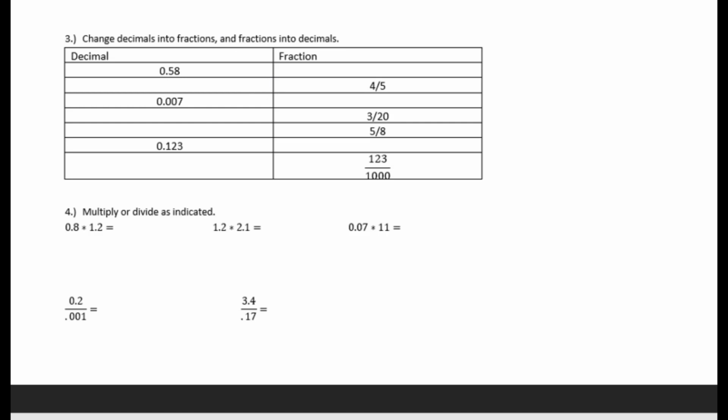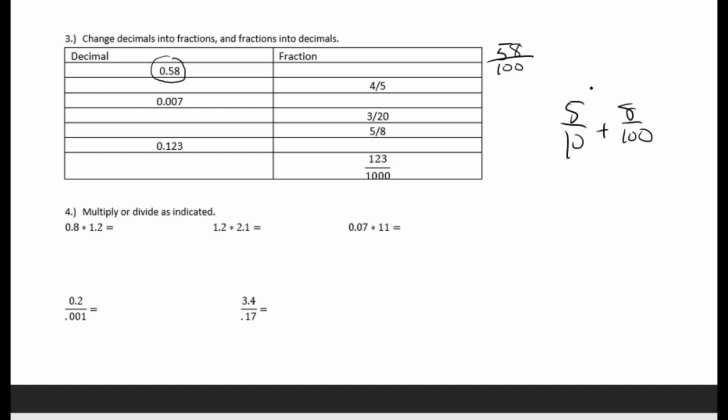So here we're changing from decimals to fractions and fractions to decimals. And remember, like this one here, you don't have to do it the long way. There's 2 numbers to the right of the decimal, so there's going to be 58 with 2 zeros in the denominator. That's the shortcut of doing it. The long way I did it, I said, well, that's 5/10 plus 8/100.